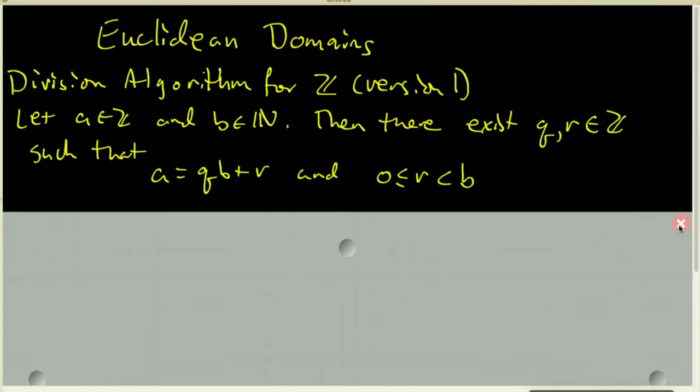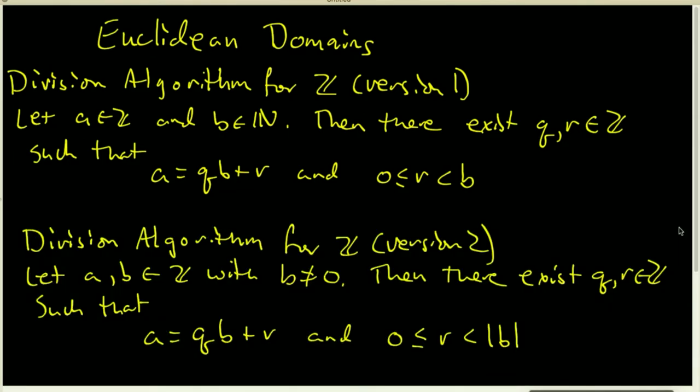And so I want to look at the more general version of the division algorithm for integers, which is usually stated as follows. If a and b are any integers and b is not 0, then we can still find integers q and r such that a is equal to q times b plus r, and this time r is going to be trapped between 0 and the absolute value of b, because this allows me to let b be a negative number.